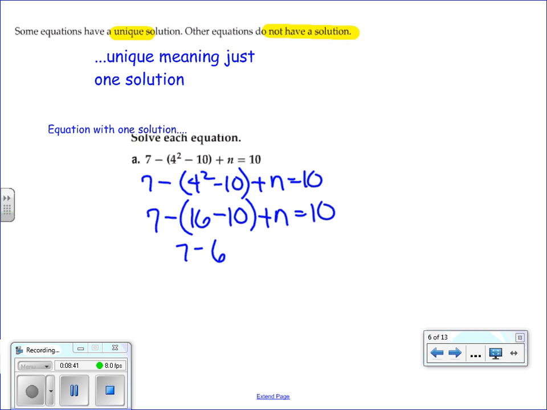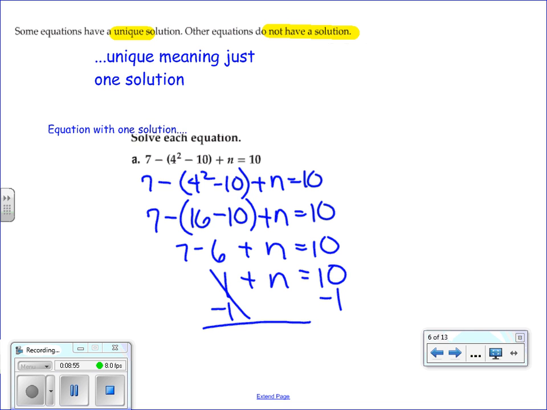So 7 minus 6 plus n equals 10. 7 minus 6 is 1 plus n equals 10. Now we've got to move the 1 over to the other side, so we're going to subtract 1 from 10. We're down to n equals 9. The only solution that will work for this is 9.